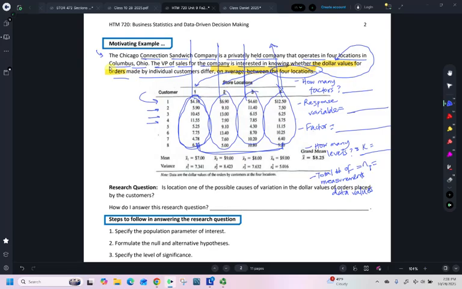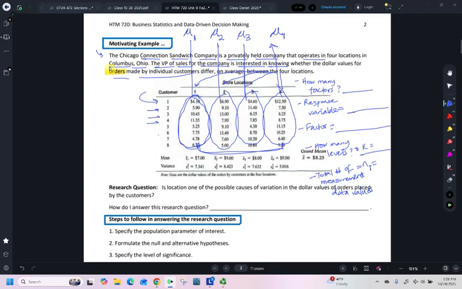So we're looking at the mean dollar value of orders made by customers in location 1, location 2, 3, and 4. And our interest is to see if, on average, they are the same or if, based on location, they differ. So, how many factors are we considering in this scenario?